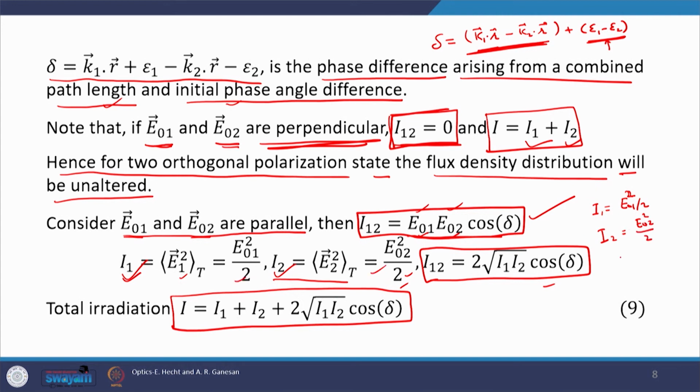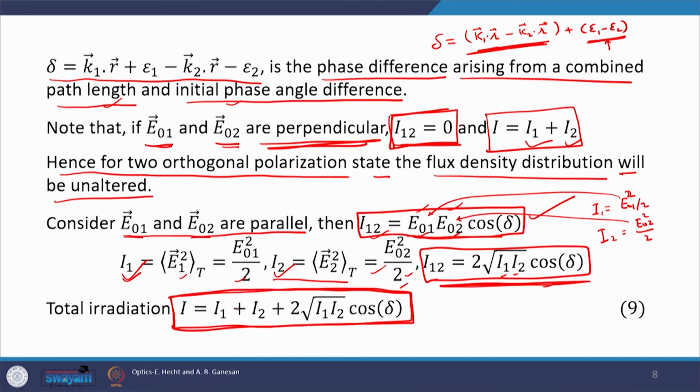Once you know this, you can substitute for E naught 1 and E naught 2 here, then you can express I12 in terms of I1 and I2, which is given here. Once you know the expressions of I1 and I2, the resultant irradiance is given by equation number 9.